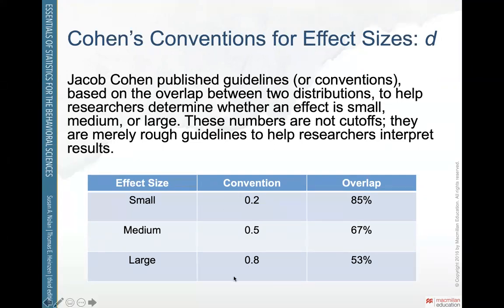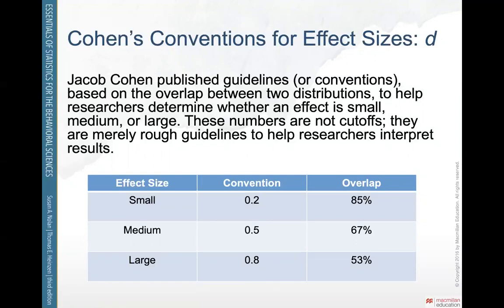But I also want to point out that what these numbers represent is the number of standard deviation units that separate the sample mean from the population mean. If my Cohen's d is 0.8, the sample mean and the population mean are 0.8 standard deviations apart from each other. If I get a Cohen's d of 0.2, then the sample mean and the population mean are 0.2 of a standard deviation away from each other.